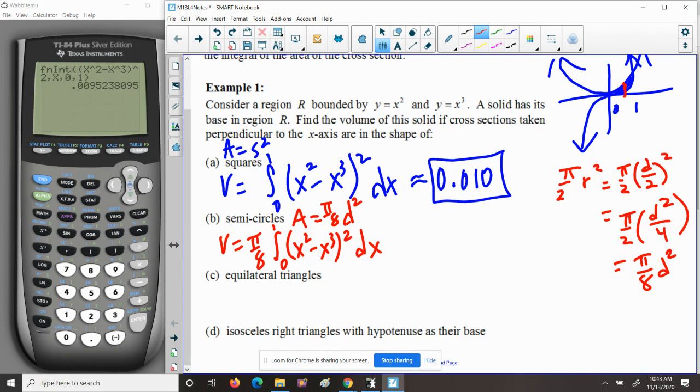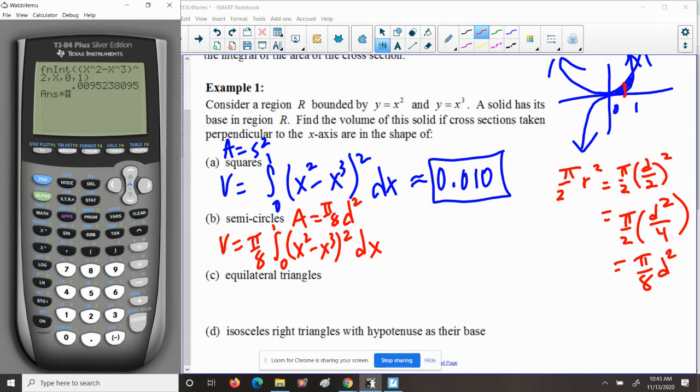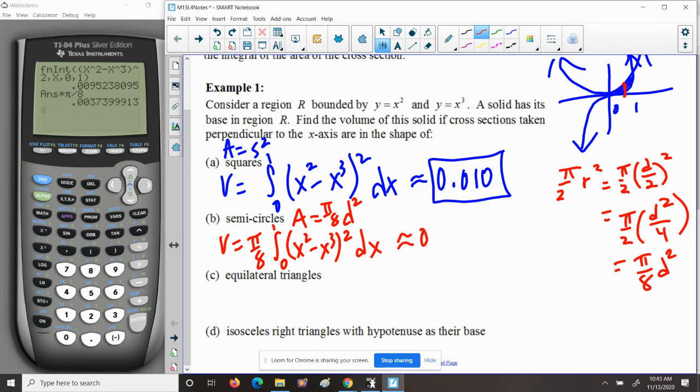We had this number already. That's the same integral we just had. We just need to multiply it by pi over 8, which gives us 0.004. So there's our volume.